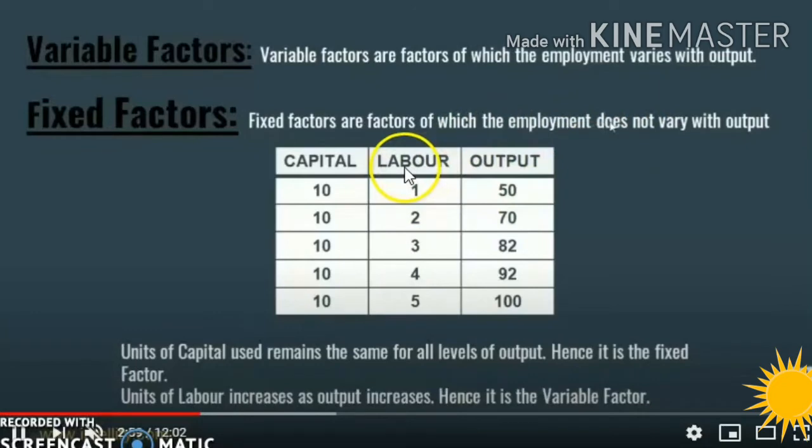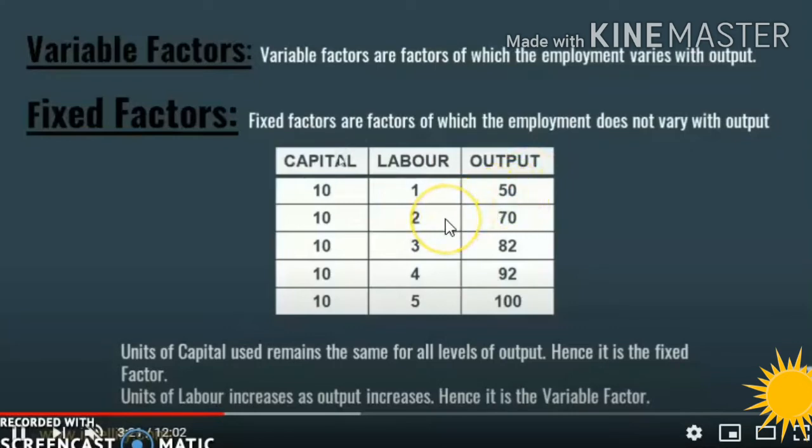Here see the table, capital is fixed. Only 10 units of capital are inputted at every stage, while the labor employed keeps increasing. If one labor is employed, the output is 50.